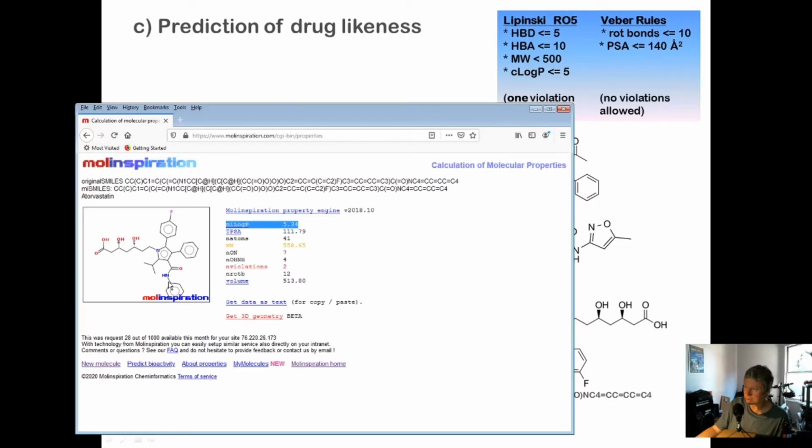So I'm getting about 19 rotatable bonds, well over 10. So that looks like it's a problem with the Weber rules. And PSA, we are in compliance with the Weber rules because we're under 140. So we'll say we have basically 2 violations of Lipinski. All right.